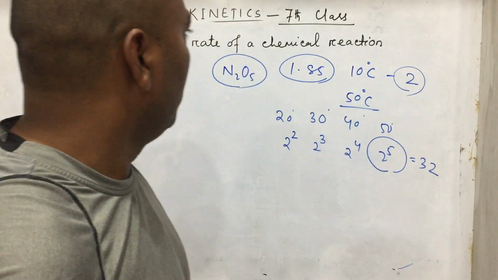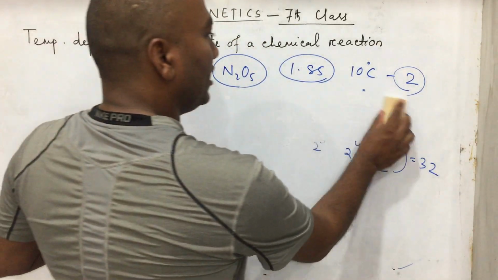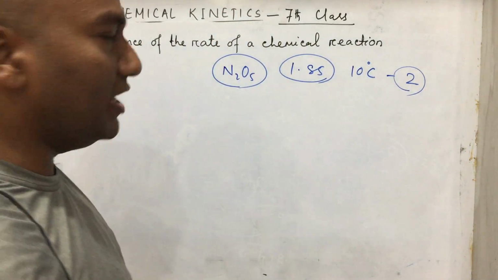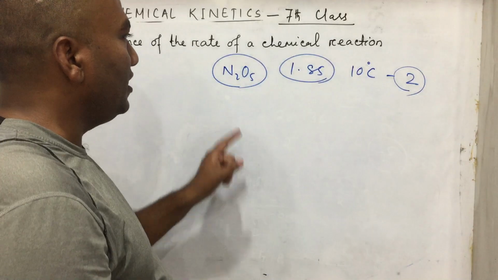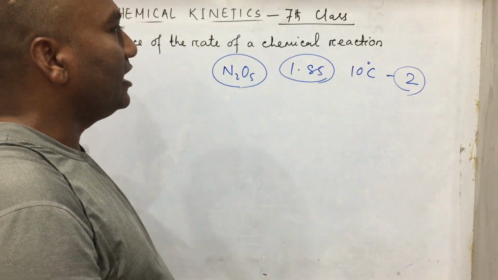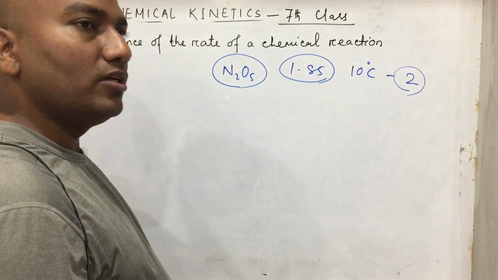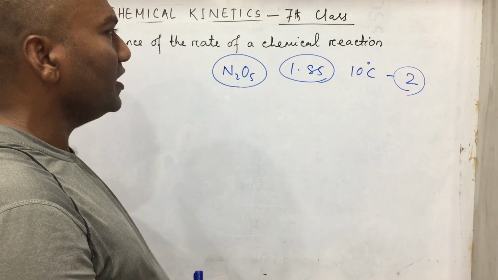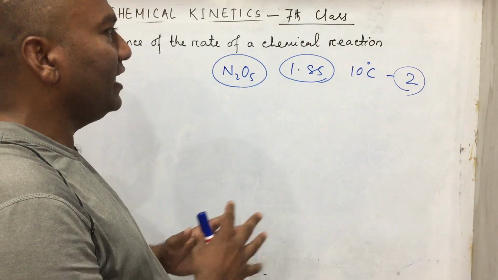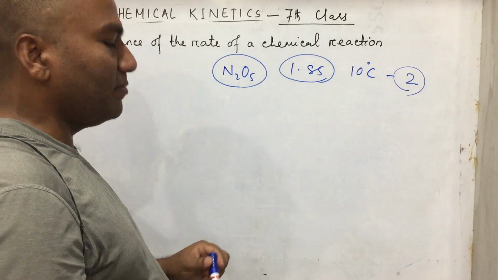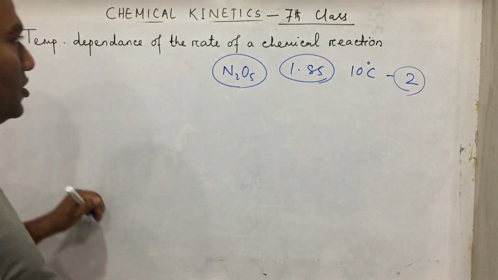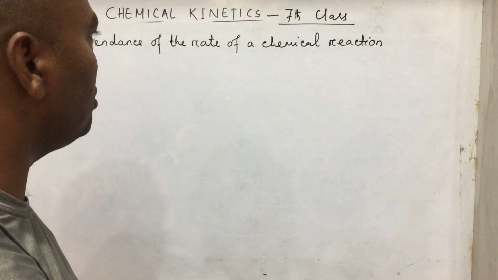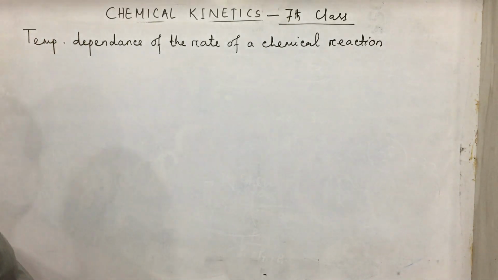So when temperature increases, the rate of the reaction increases, and for this reaction it has been seen experimentally that for every rise of 10 degrees Celsius, the rate of the reaction increases almost twice. The mathematical concept was explained by the scientist Arrhenius, so the equation named after him is called the Arrhenius equation.